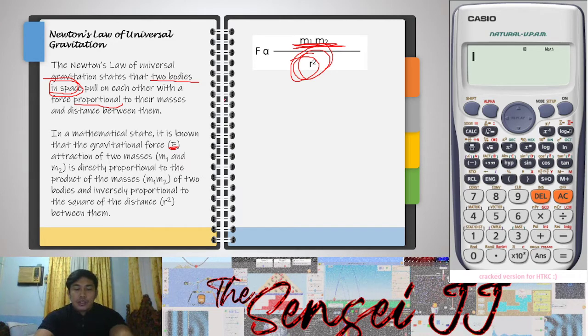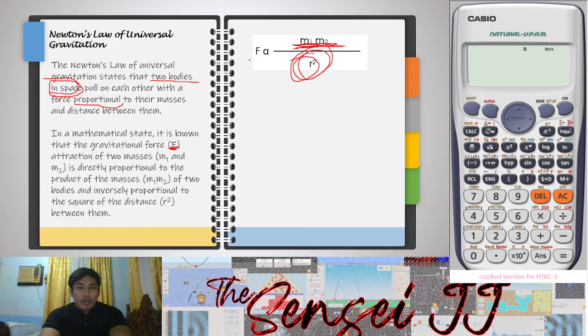So this is the mathematical equation, but this is not yet the working formula, since we have a proportionality sign.